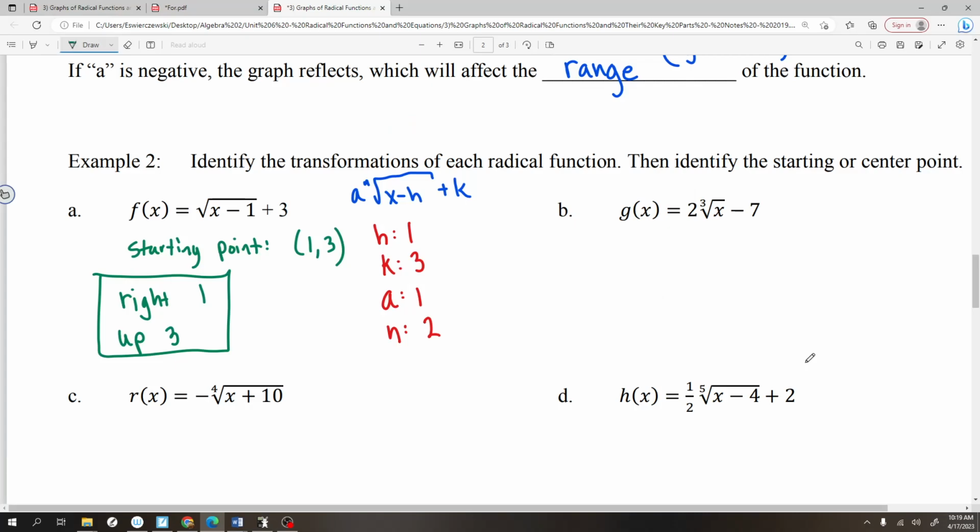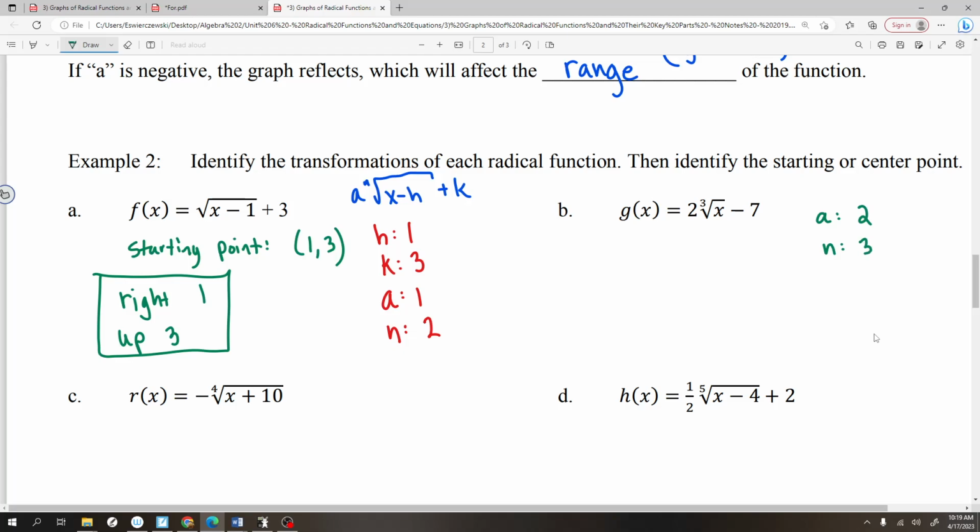And what's up? We're back. Okay, so we're going to do a little matching game. Alejandro, what would A be for part B? 2, thank you. Angel, what would N be? 3, that is correct.